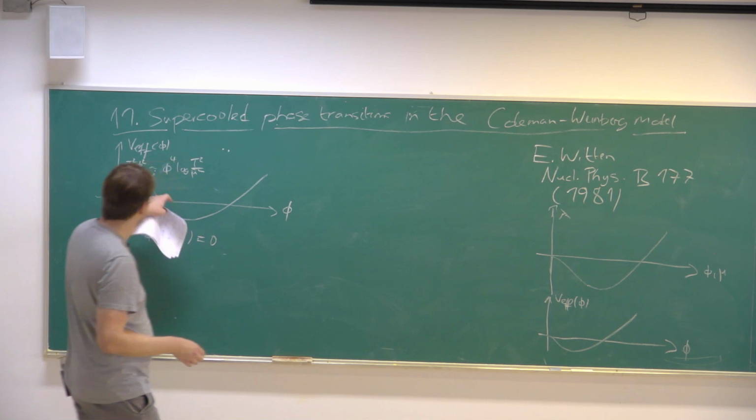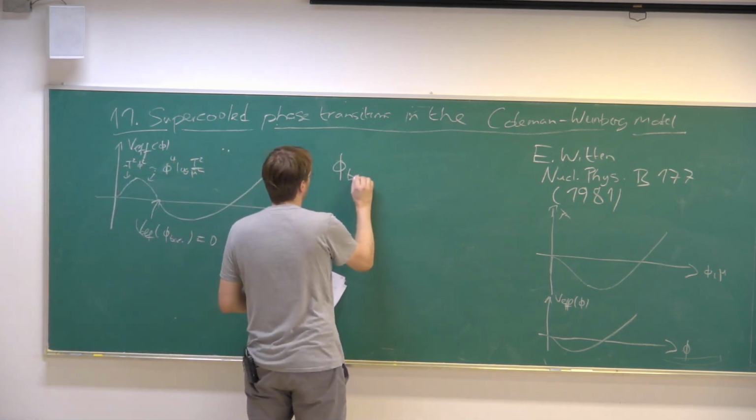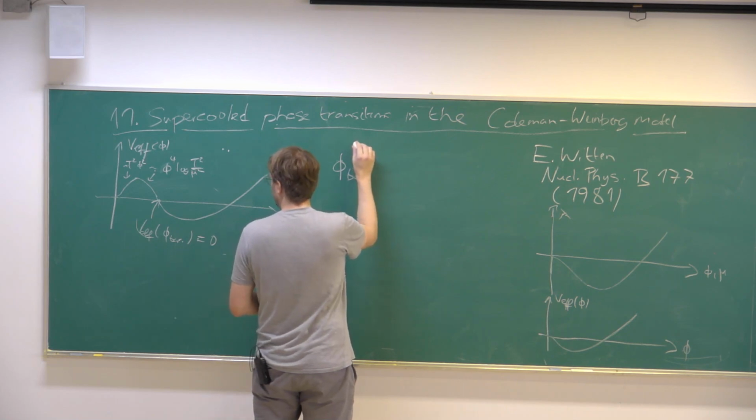Okay, so this is simple to solve. I take this potential, set it to 0, and solve it, and I find the phi barrier.